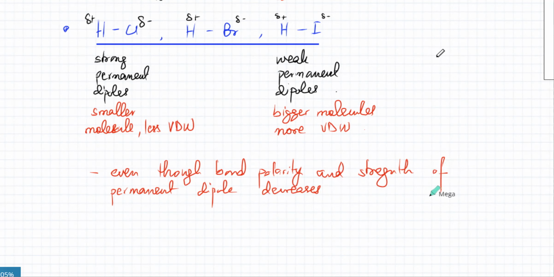Because electronegativity difference is decreasing, or the electronegativity of the halogen decreases down the group.